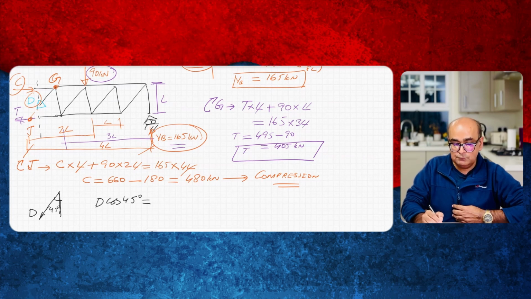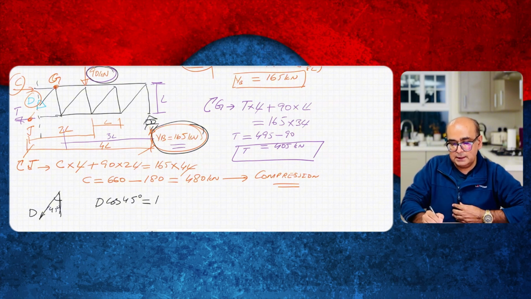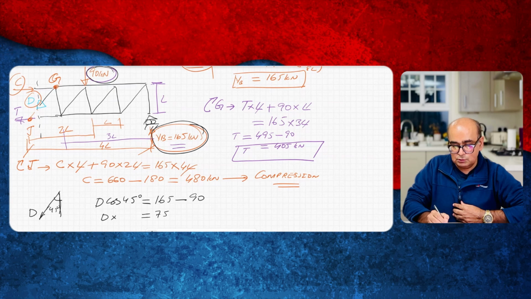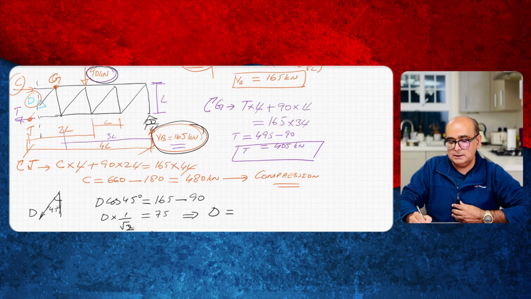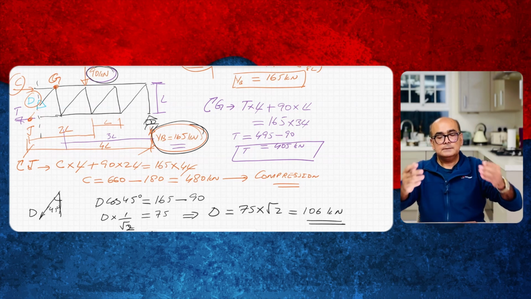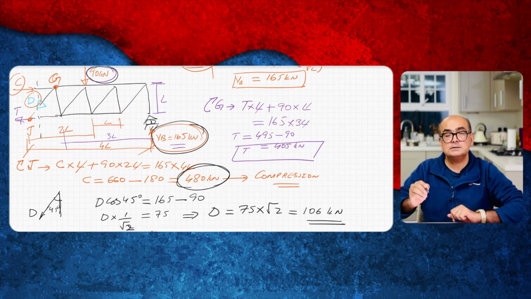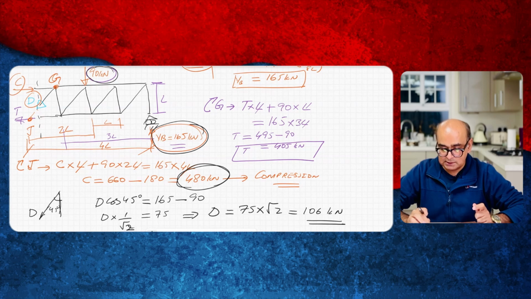So unbalanced vertical load will be the reaction, take away 90 on right side, so 165 take away 90, I will get 75 kilonewton. D into cos 45 is 1 over under root 2. So if I simplify it, D will be equal to 75 times under root 2, and this will give me 106 kilonewton. So this is load in diagonal, but this loading will not control, so our maximum loading is 480 kilonewton, and this is our answer.